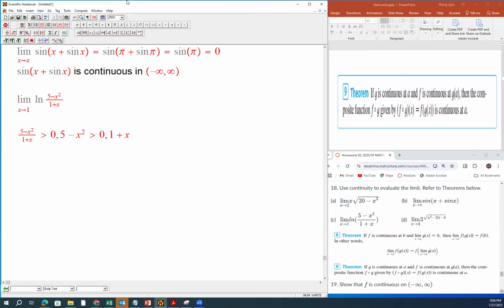That's one way that we can test it. So from here, we will get x squared less than 5, sorry. So all of these must be true.